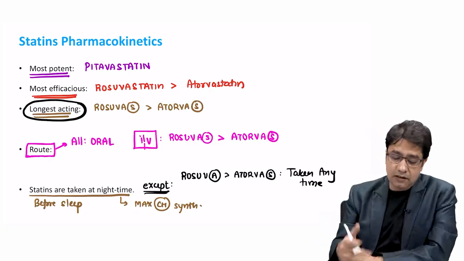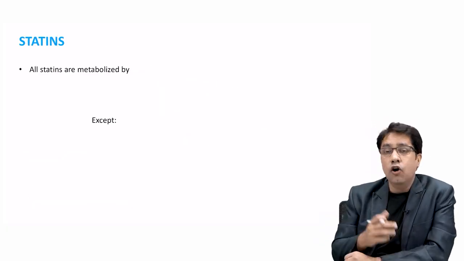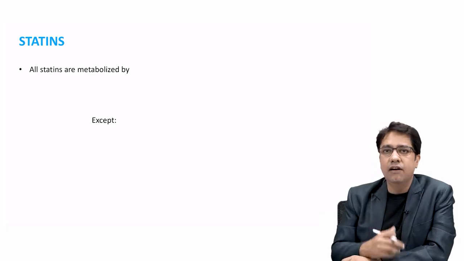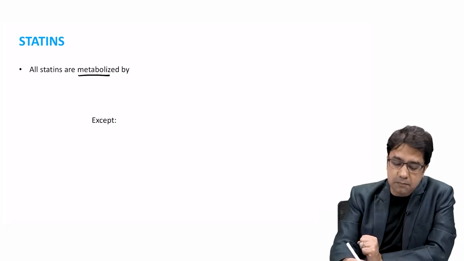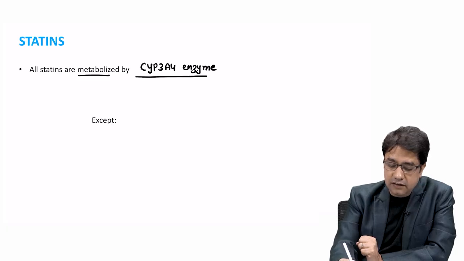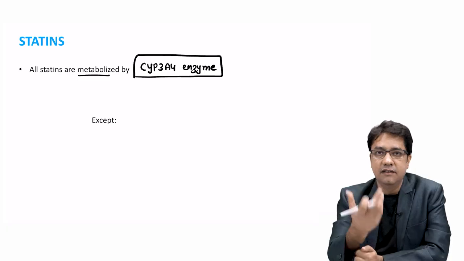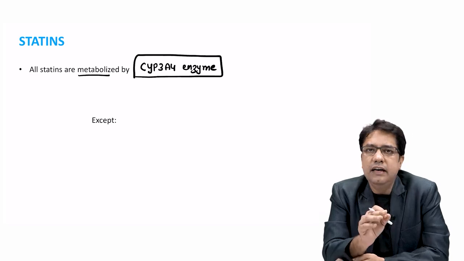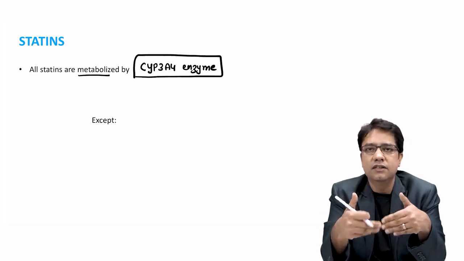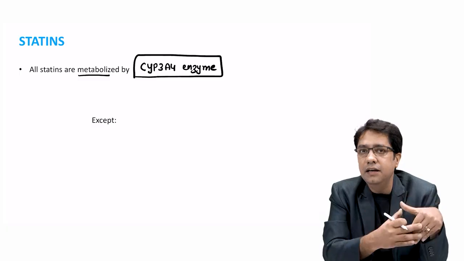Now let's talk about their pharmacokinetics. All statins in our body are degraded or metabolized by the CYP3A4 enzyme, like simvastatin, atorvastatin. We have already discussed that there are certain drugs which are CYP enzyme inhibitors.